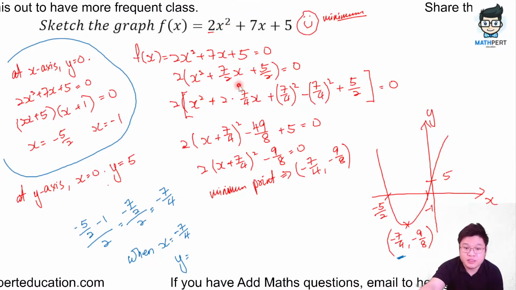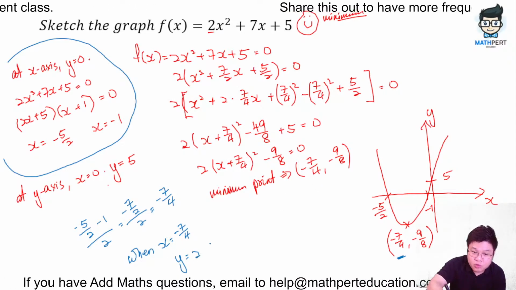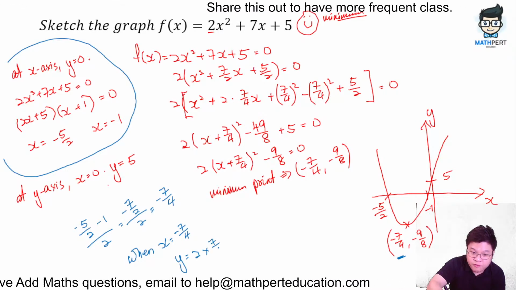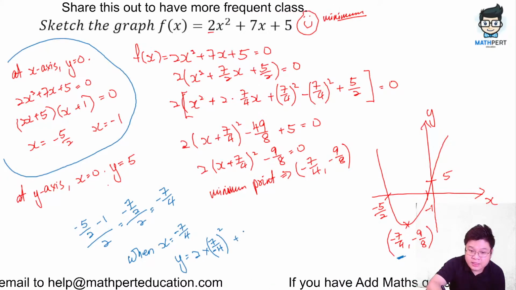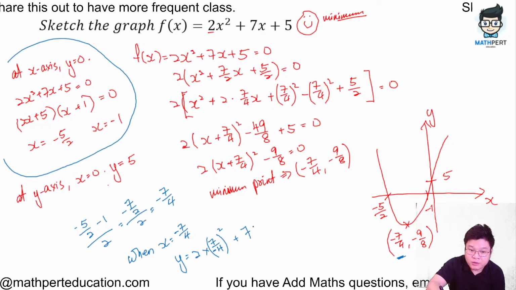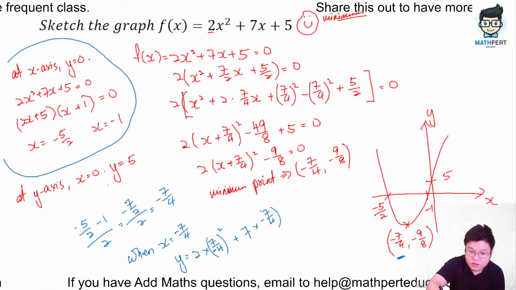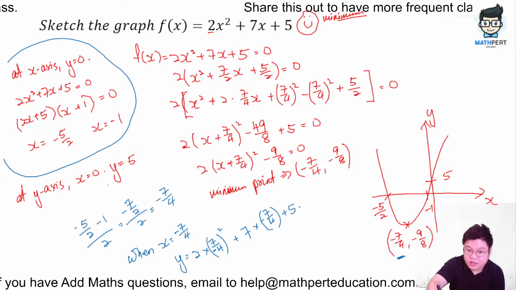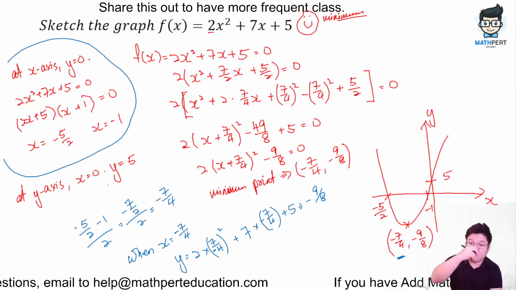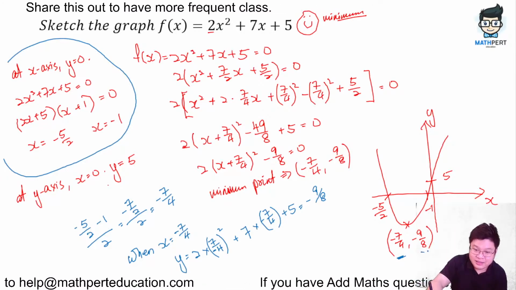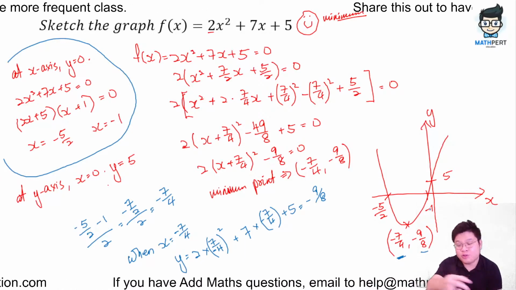Okay, that means here, I'll get 2 times negative 7 over 4 squared, plus 7 multiplied by negative 7 over 4, plus 5. In the end, you get negative 9 over 8. Okay, this is the same answer you will get by avoiding completing the square. But still, you need to learn completing the square.